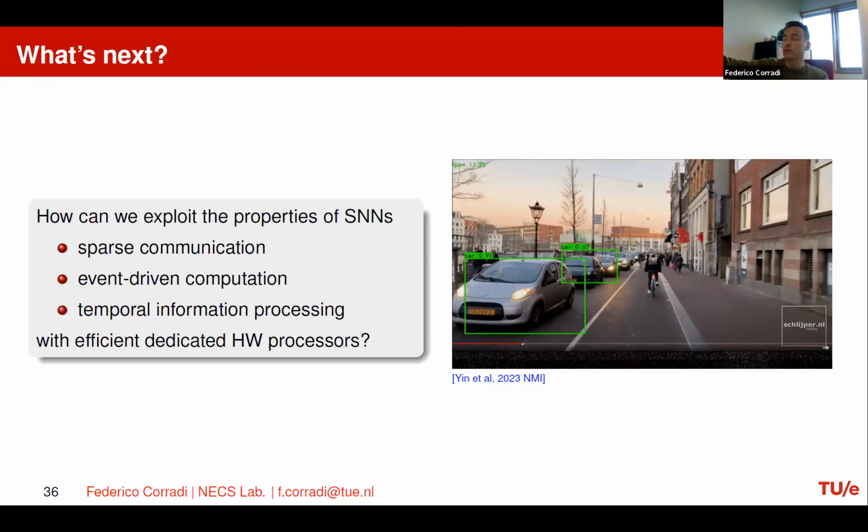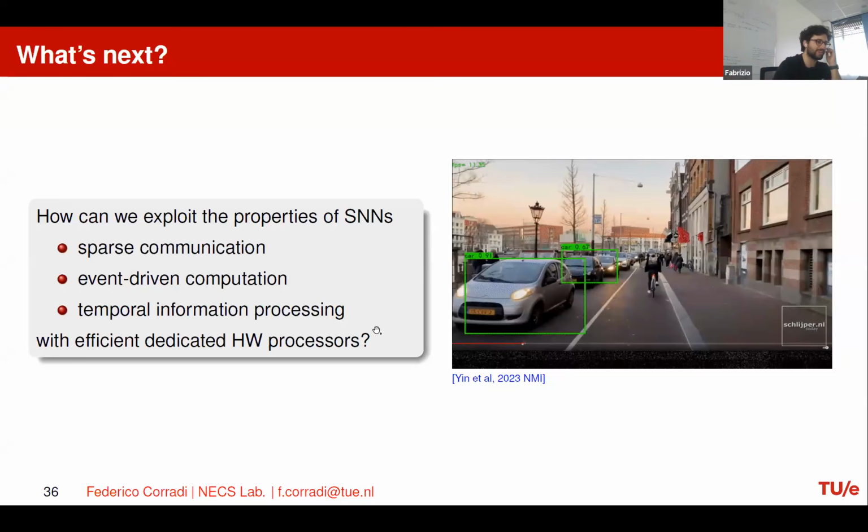Of course, we are also working now on training on a spike-based dataset, so we don't have to do these conversions. We have preliminary results on that, and I think we'll have something pretty soon in that direction.